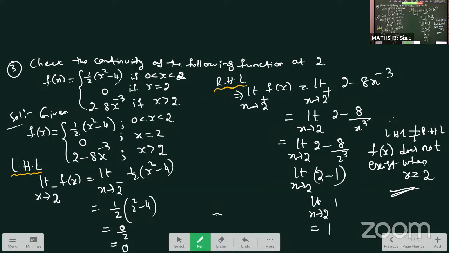If you have any doubt, you can drop the message. Simple question. Try to understand the question. Continuous at what value he is asking. So with respect to that, you have to proceed the solution.